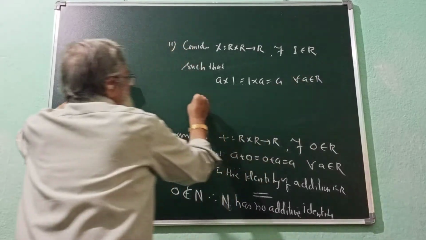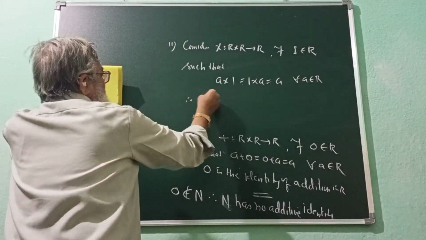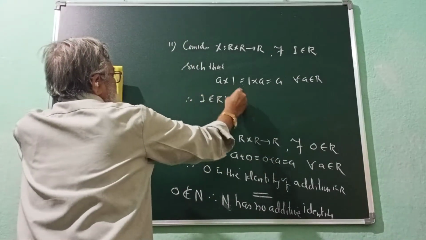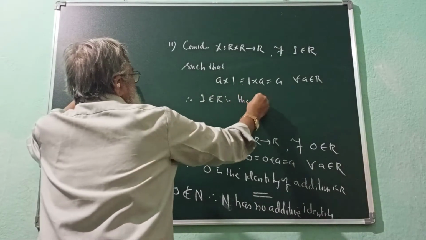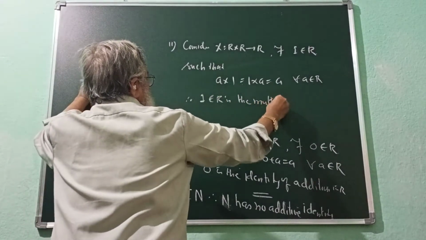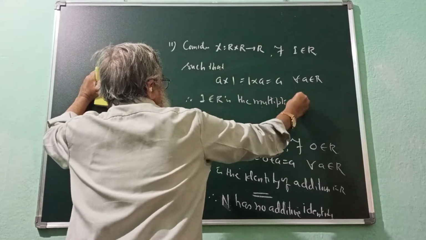So we can write that 1 belonging to R is the multiplicative identity.